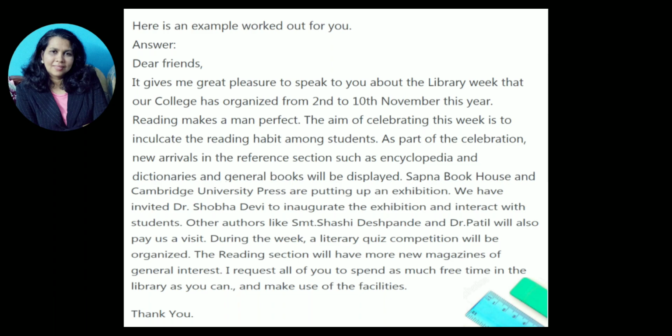And Sapna Book House, you can see the exhibition of books of some publishers. So here in the question they have not mentioned any publishers, but you know some of the famous publishers. So here I have quoted Sapna Book House, Cambridge University Press, putting up an exhibition. So 3 points we already covered right now. Then next is the fourth point, that is we are talking about the famous authors and those who have poets to visit and interacted with students.